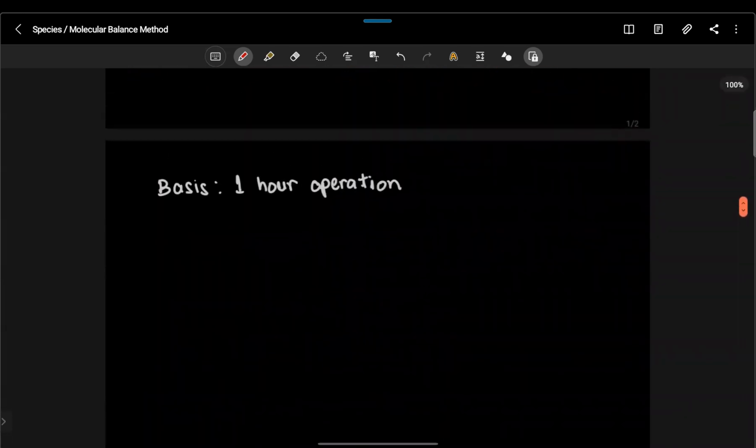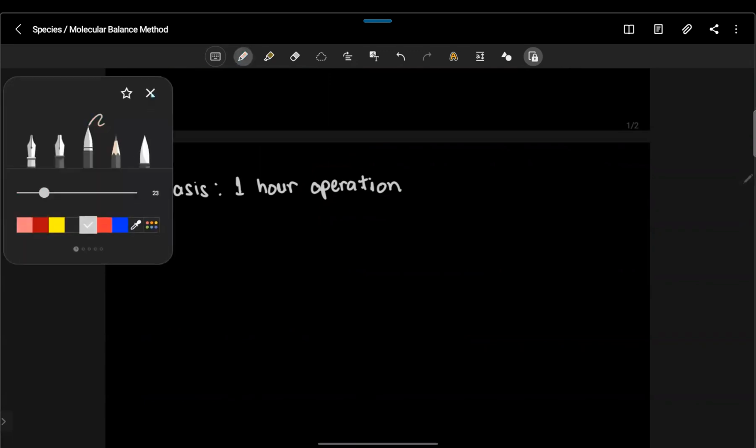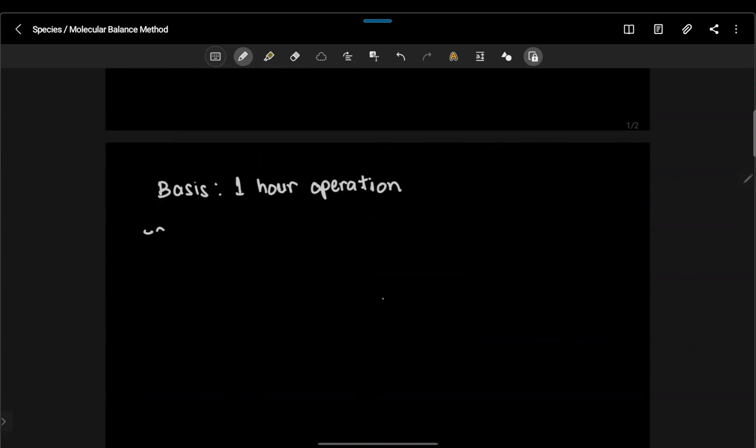So mayroon tayong basis na 1 hour operation, pero ano yung mga values na pwede na nating mahanap before solving using molecular balance? So let's start with the air properties, air composition. Okay.